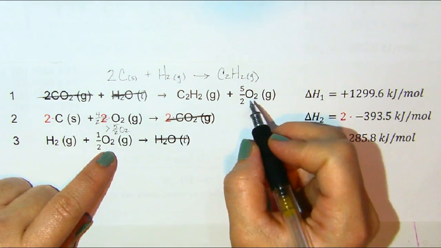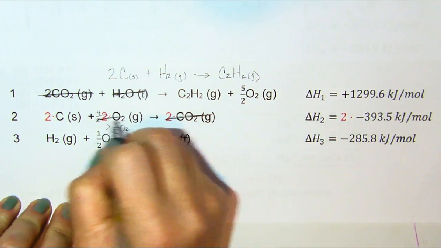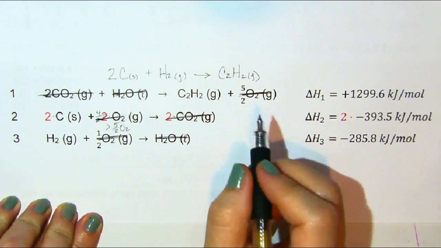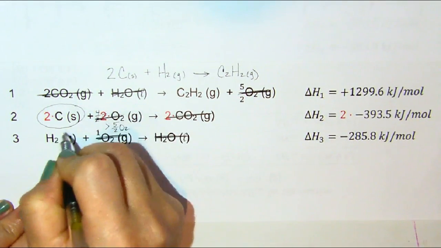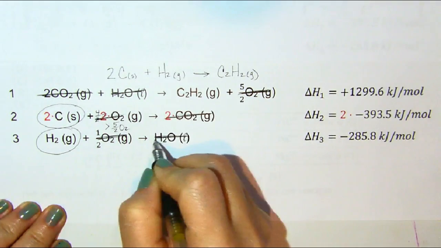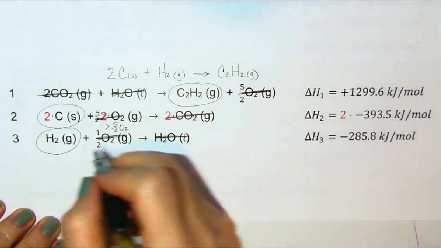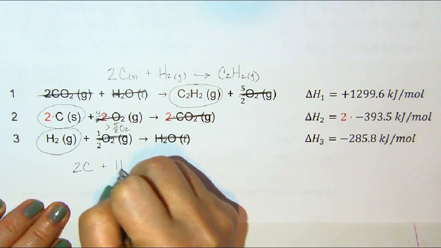And on my product side here, I have 5/2 oxygen. So these oxygens cancel with this oxygen. And notice what we have left is our 2 carbons, our hydrogen on the reactant side, and our C2H2 on the product side. So that's how we know that we've got the equations set up.